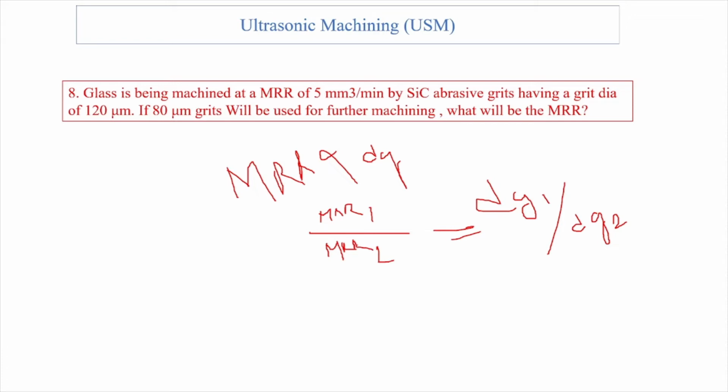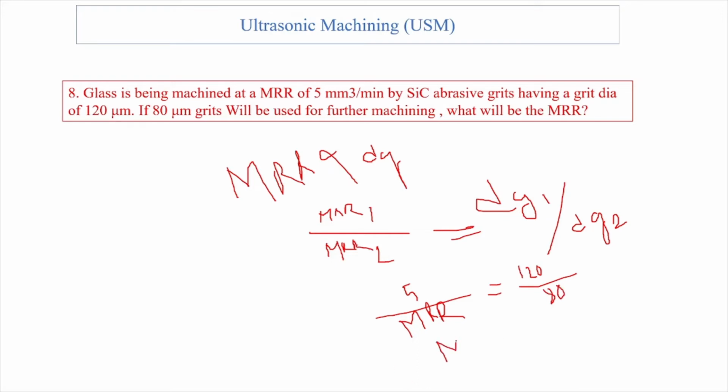So first MRR is given, right? Glass is being machined at an MRR of 5 mm cube, so 5 is given. Then MRR2 equals, dg1 is 120 and dg2 is 80.